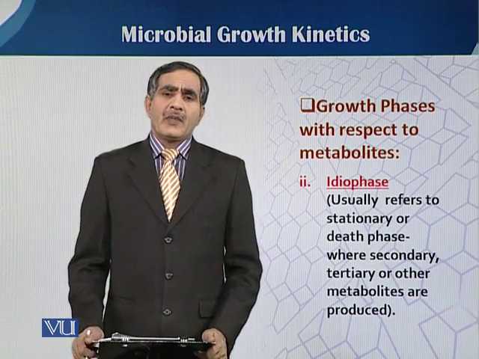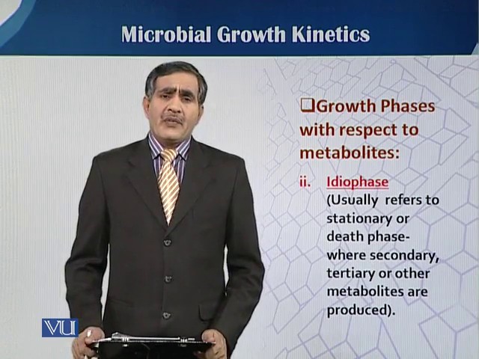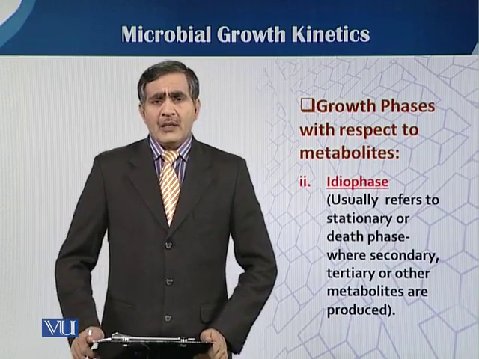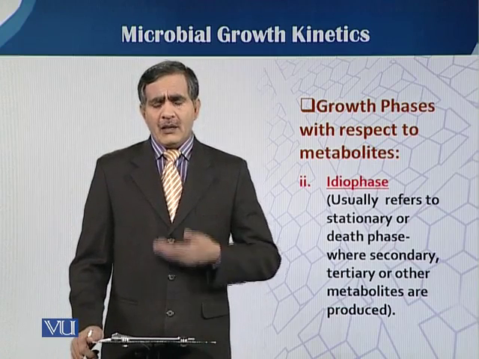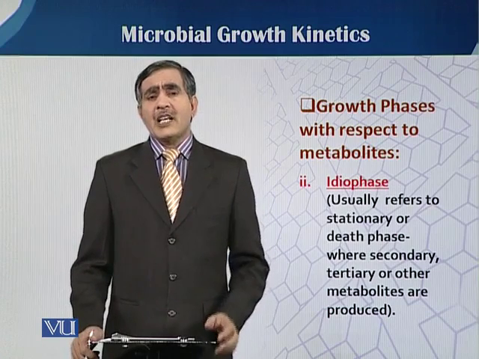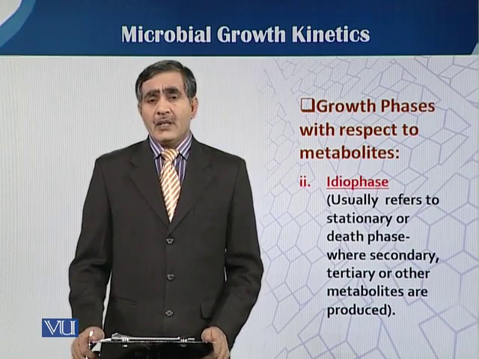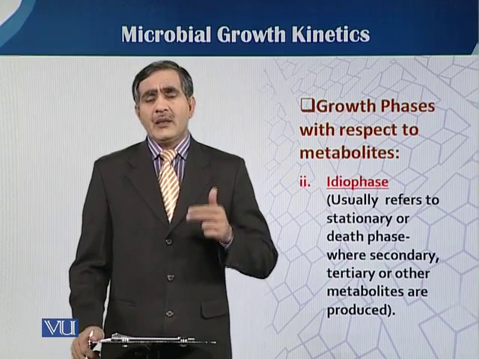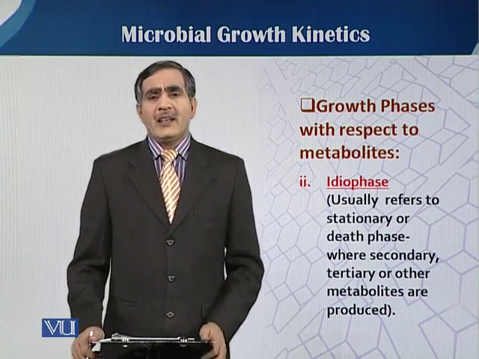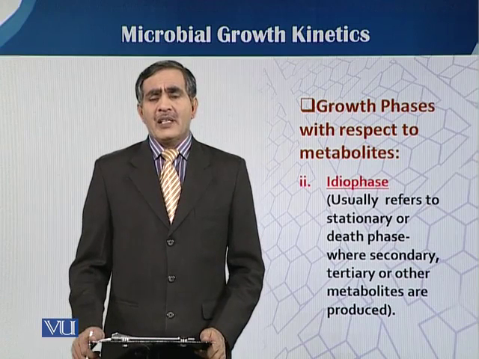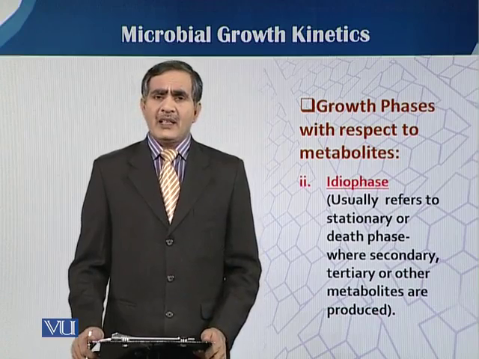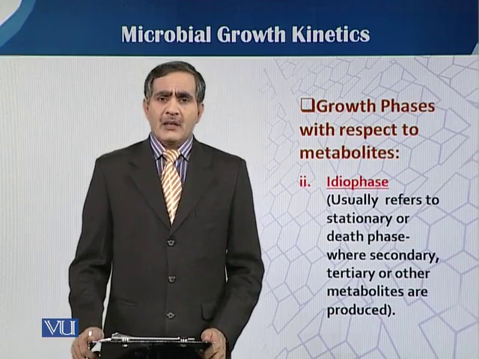Of the 4 different phases, the lag phase is only the acclimatization phase, but the major phase is the exponential phase, which is mostly referred to for the production of primary metabolites. On the other hand, the stationary and decline phases refer to the phases in which the secondary and other products can be formed.